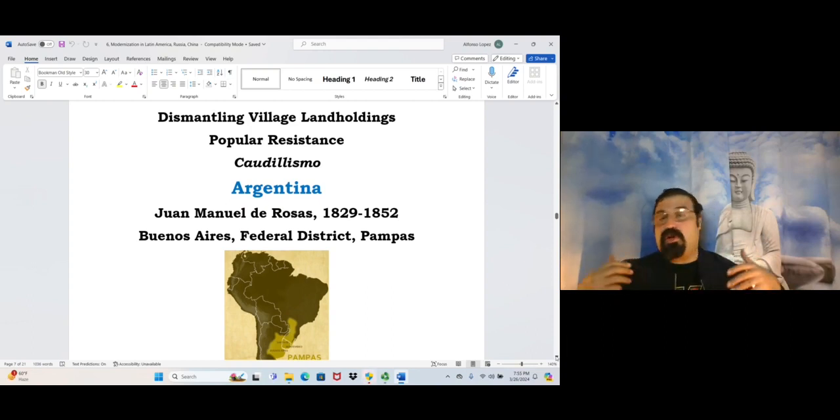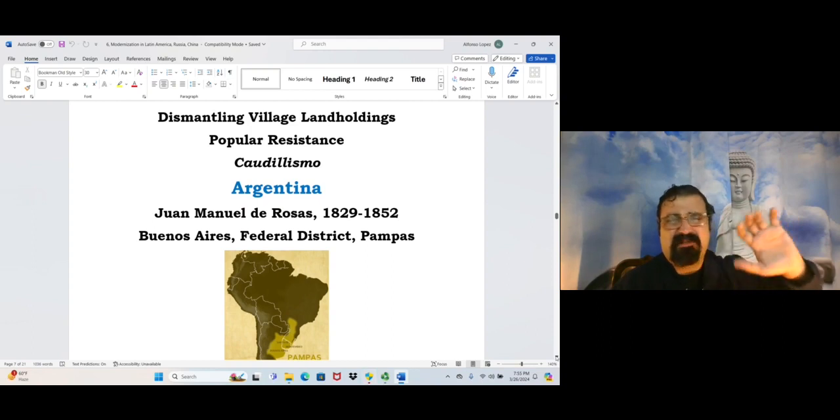And this is one of the major reforms that are taking place. What they want is to put the land on the market in order to create new haciendas, cattle ranches, etc. for exports. To export cattle, to export leather, to export cash crops, a wide variety of different cash crops out into the world.